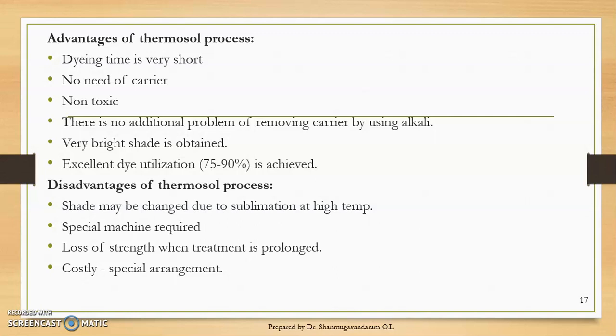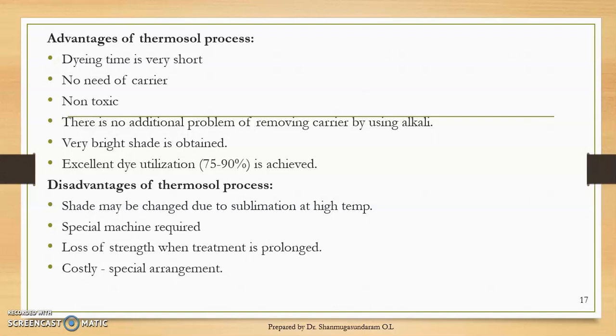It has its own disadvantages. Shade may be changed due to sublimation at high temperature, because we are maintaining a very high temperature, that is 180 to 210 degrees Celsius, during this thermosol dyeing process. So a special type of machine is required for this thermosol dyeing process. That is one disadvantage.